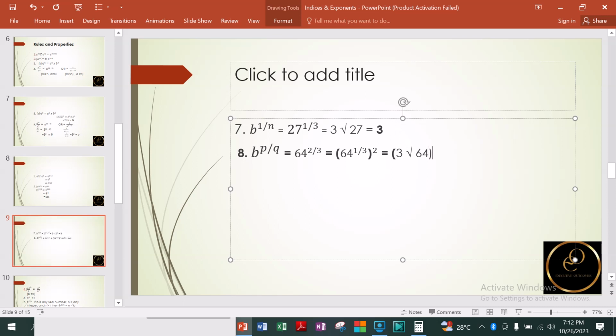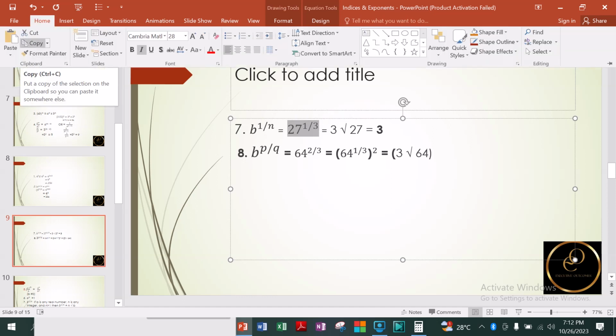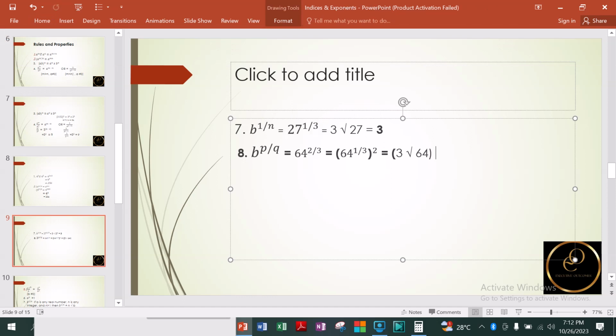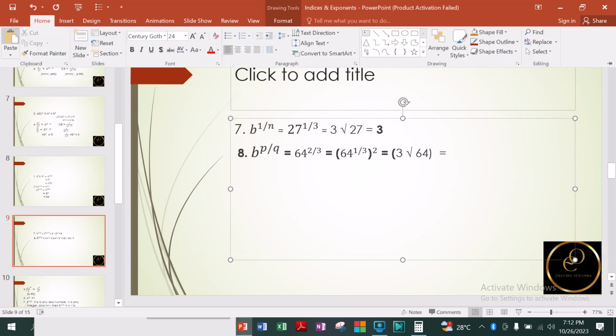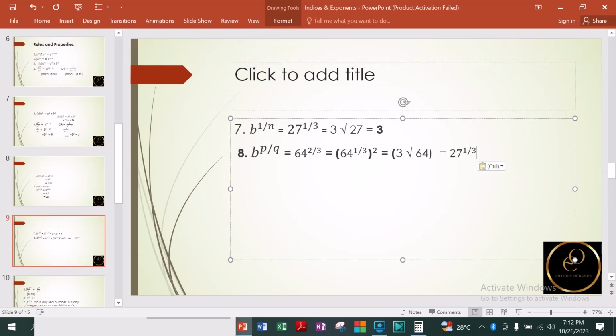Now everything has to be squared. So I can borrow this one, just to create what I want again. I put it there, but this one is what I have as inside.